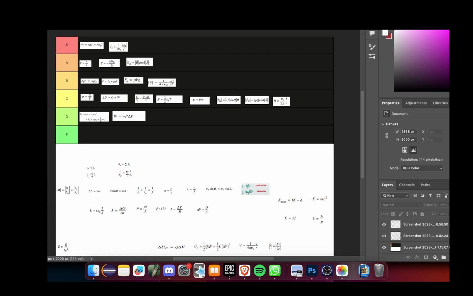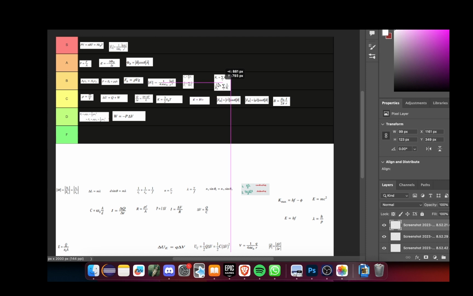So I would say it was definitely above average, but not by much. Because when you compare those equations to other equations, I don't think it can be comparable to an A or S tier equation. So probably B would be good. I would agree with that.